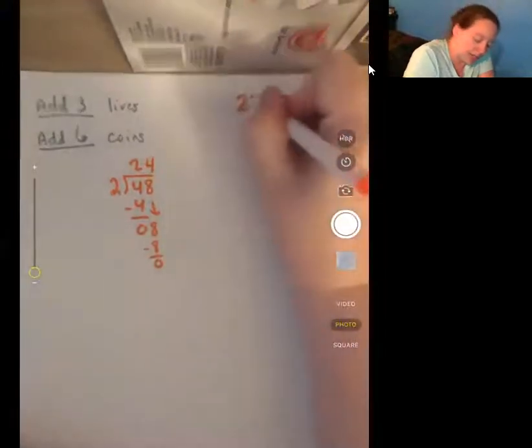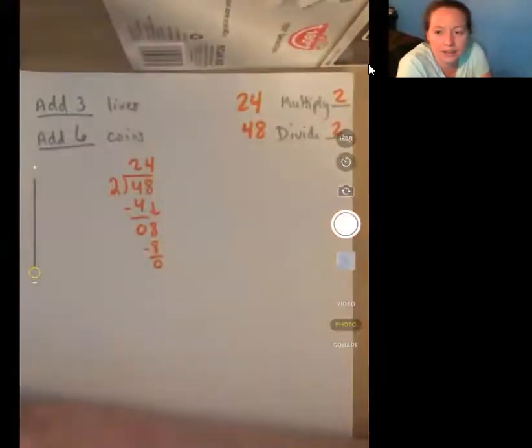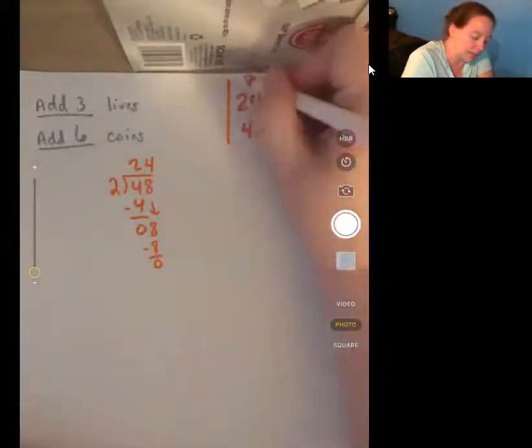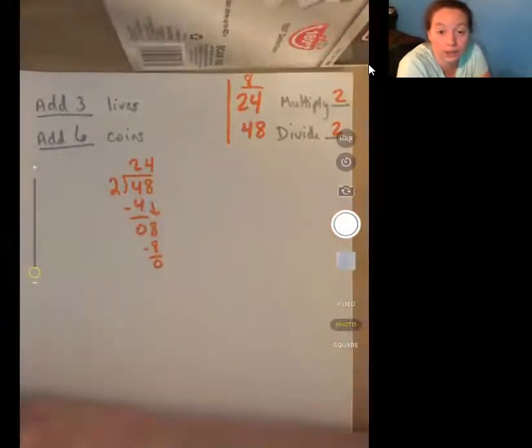So that would be 24 lives. All right, so that's at level 8. Level 8, they have 24 lives and 48 coins.